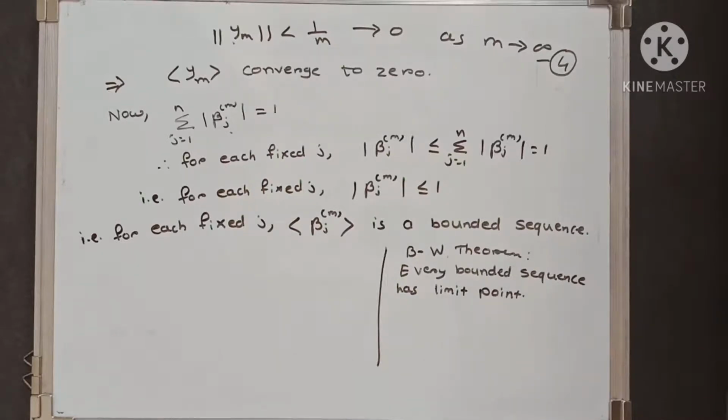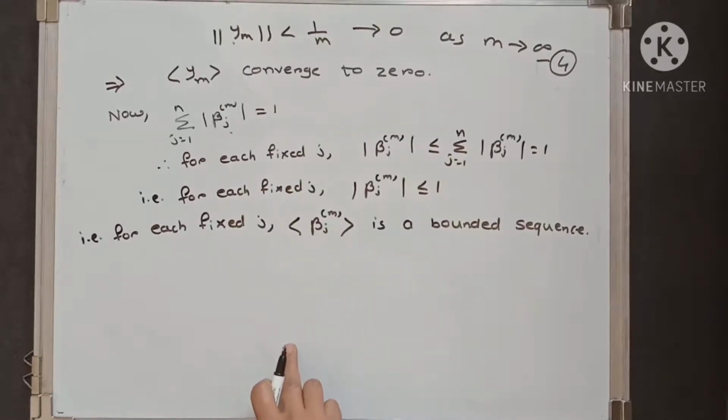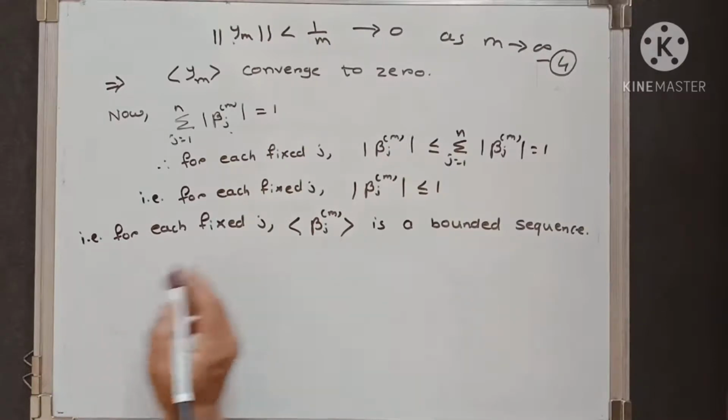As every bounded sequence has a limit point, it means that there exists a subsequence which converges to that limit point, and therefore this sequence has a subsequence which converges to that limit point.